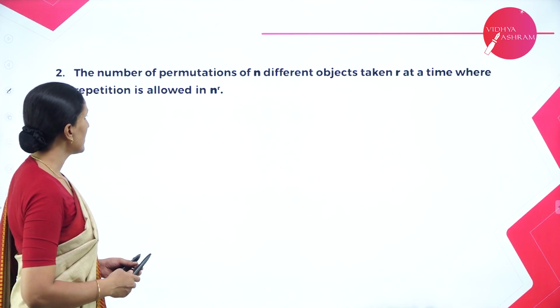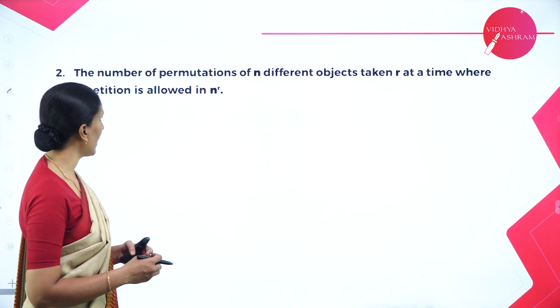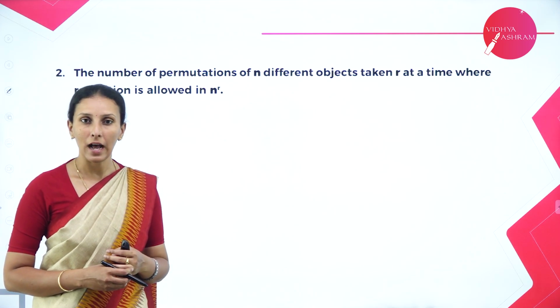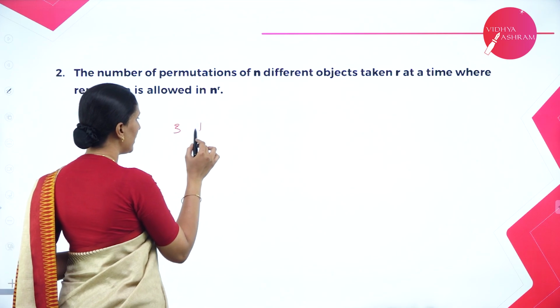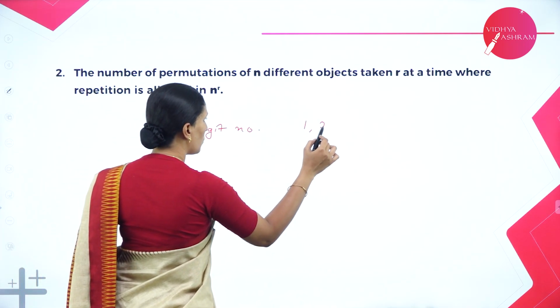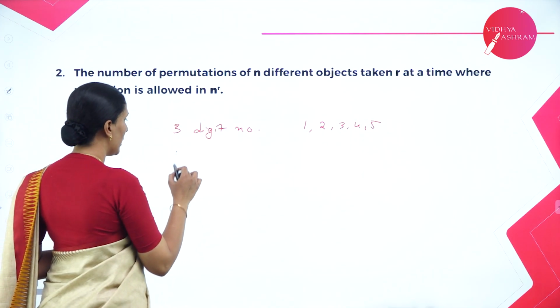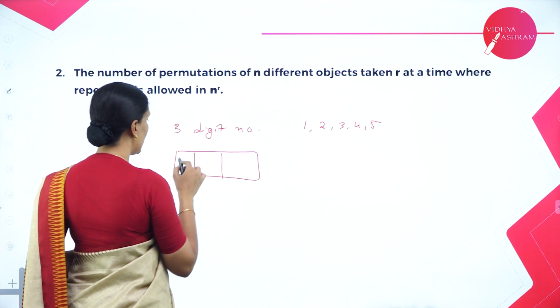The second thing is the number of permutations of n different objects taken r at a time, where repetition of the digit is allowed, is n to the power r. That means if we have to create a 3-digit number out of the numbers 1, 2, 3, 4, 5, where repetition is allowed, then I can use all the 5 numbers in the hundreds place.